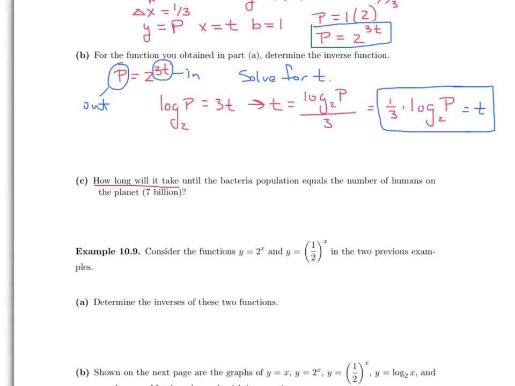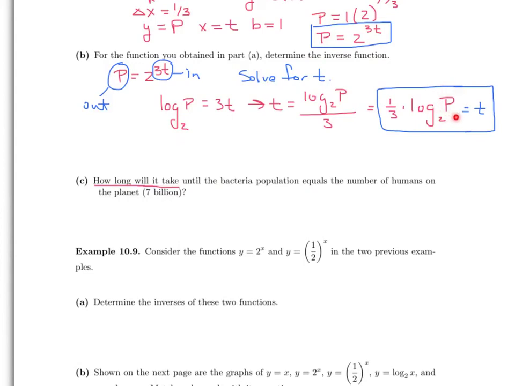So we want to use a function that has the capacity to answer that kind of question. Which of these two functions is best suited to answer that question? Well, if you look at the second function here, it's set up to calculate time periods.